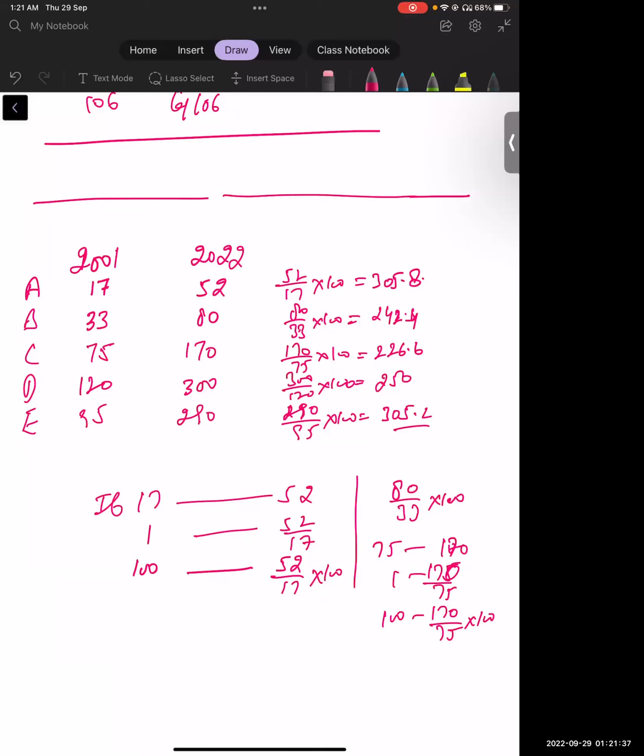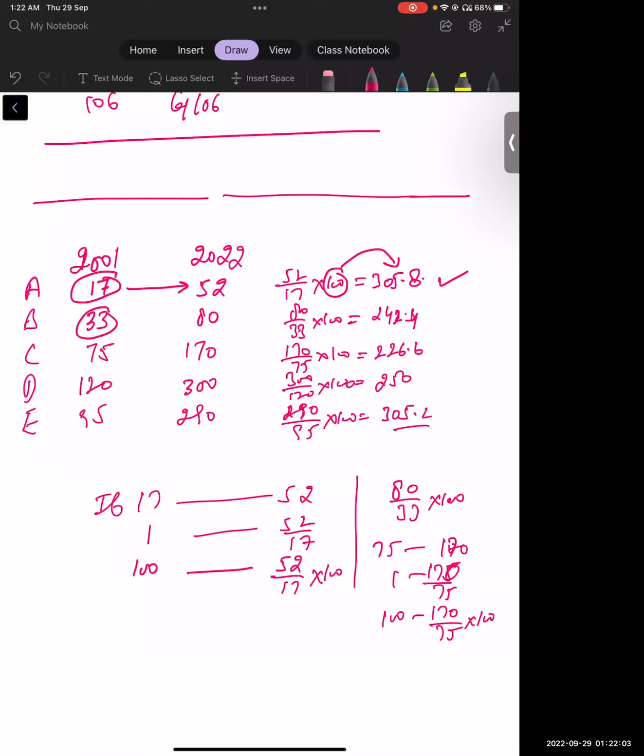You can see now, very easily. Got it? Now what I have done: I have converted every price into 100. A 17 rupee good has now become 52, then a 100 rupee good has become 305.8.